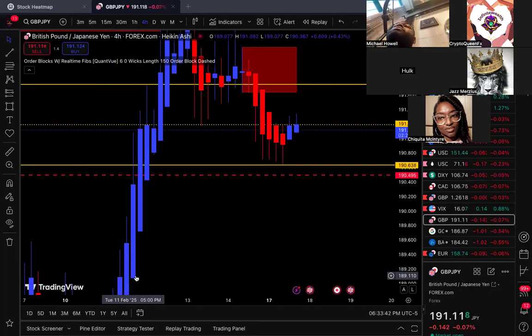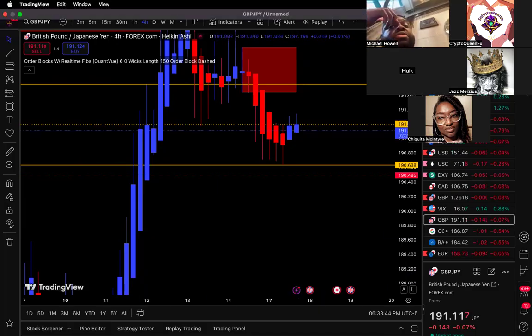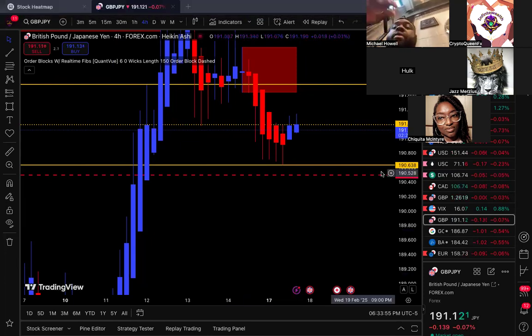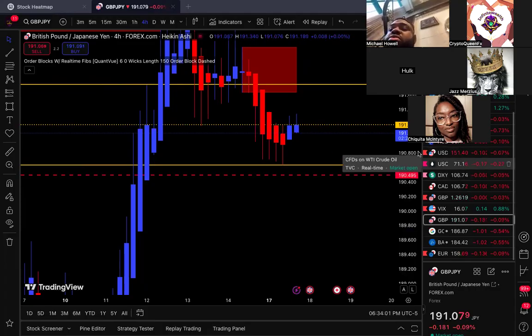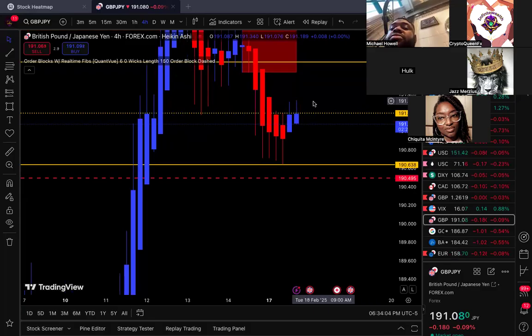Tokyo opens up at 7, so Tokyo opens up in about 30 minutes. So if you was trading this pair, you would trade it during Tokyo, London. Now the session crossover during London Open, but this thing is already dropping from the midweek.